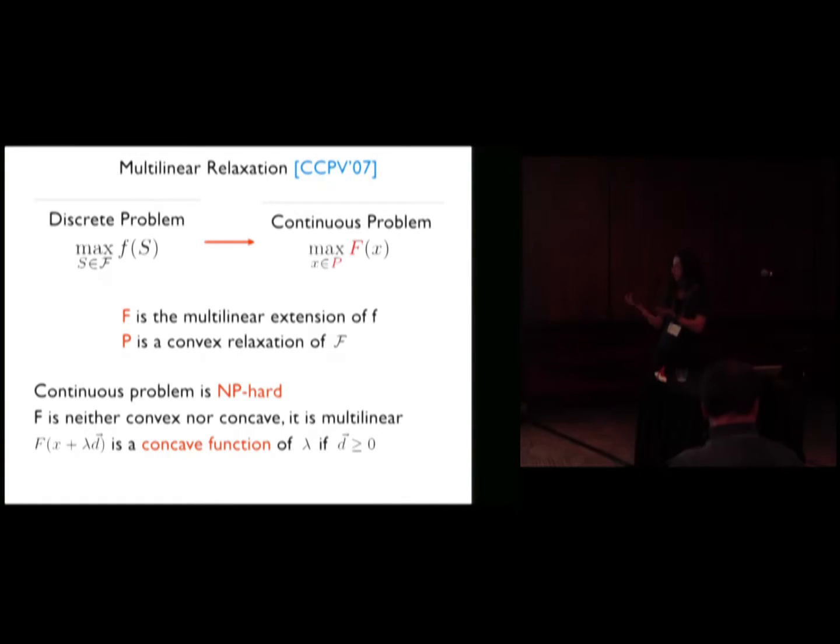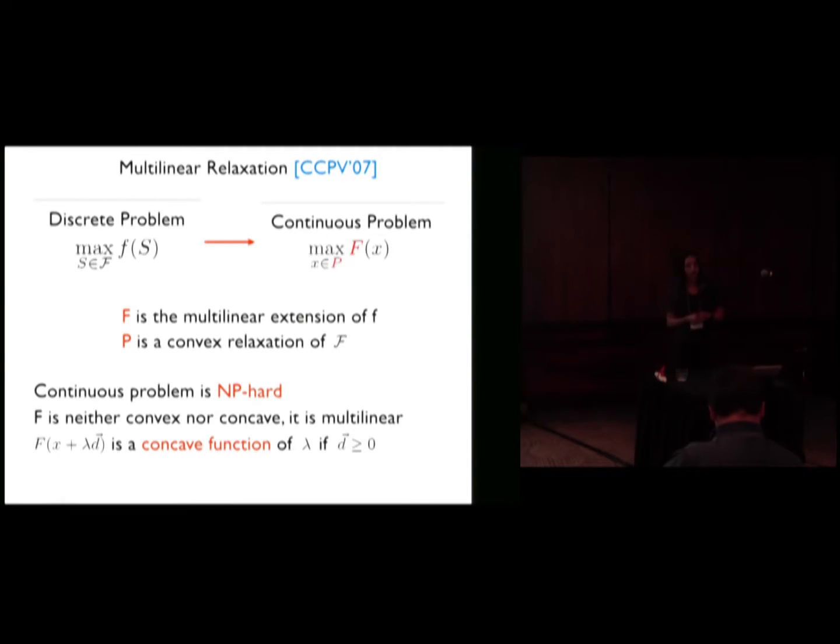I'm also going to relax our constraints, so combinatorial constraints will become convex polytope constraints. This gives us a relaxation for our problem, called the multilinear relaxation, where we want to maximize the multilinear extension subject to polytope constraints.